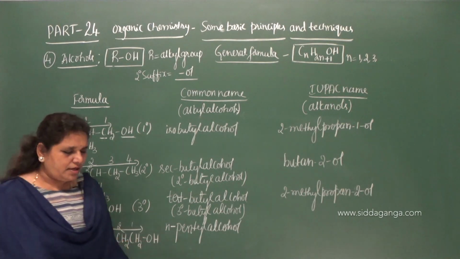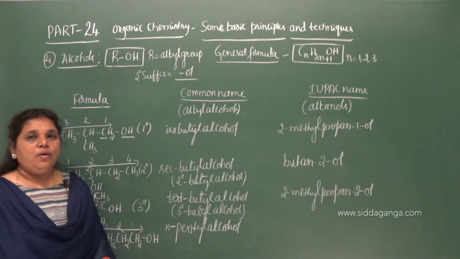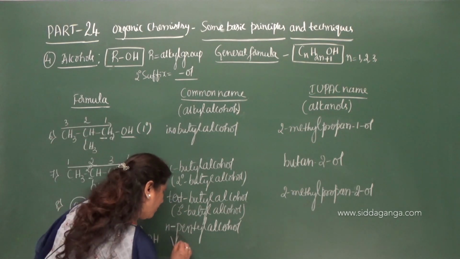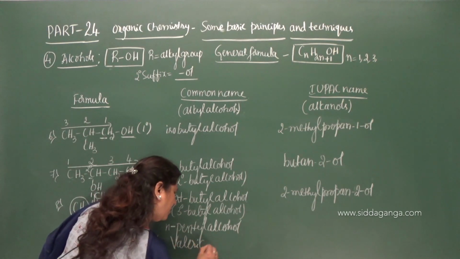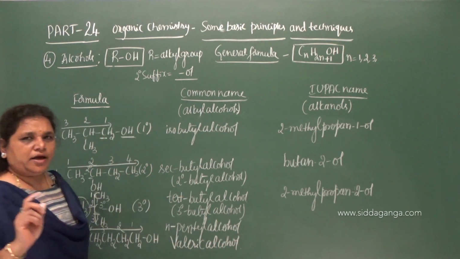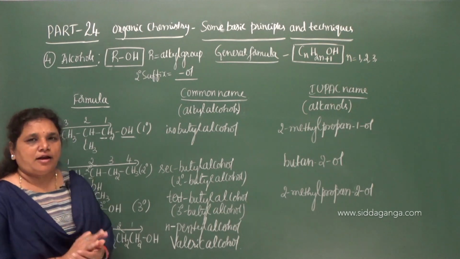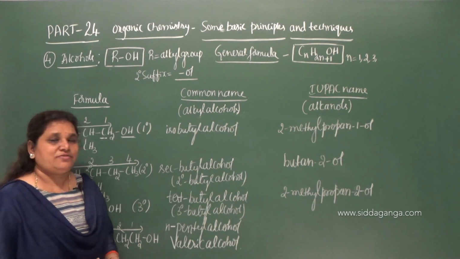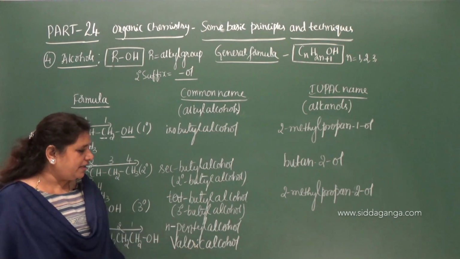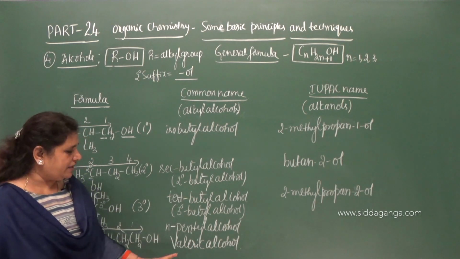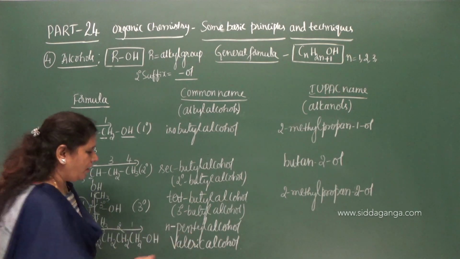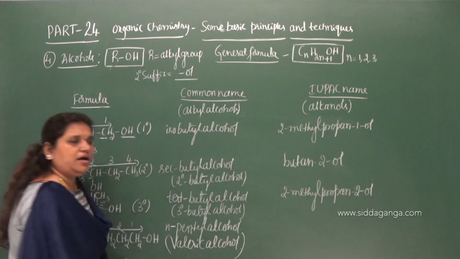But N-pentyl alcohol is also called valeric alcohol. Whenever a compound contains 5 carbons, then you can name it as a valeric derivative. So this is a derivative of alcohol, therefore it is called valeric alcohol. So N-pentyl alcohol is nothing but valeric alcohol.